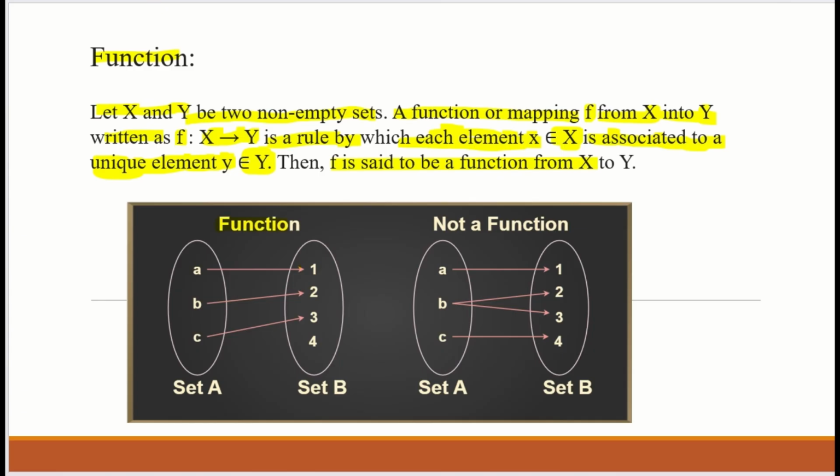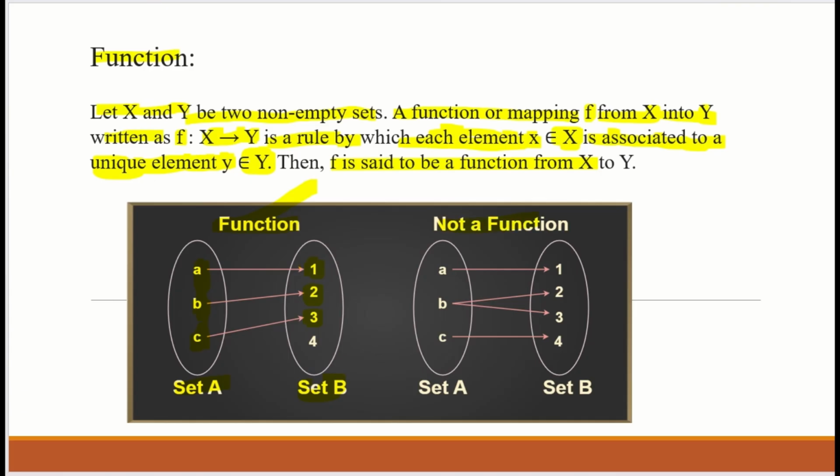Look at the function here. Every element in set A is associated with a unique element in set B. A is associated with 1, B is associated with 2, C is associated with 3. Therefore, this is called a function.